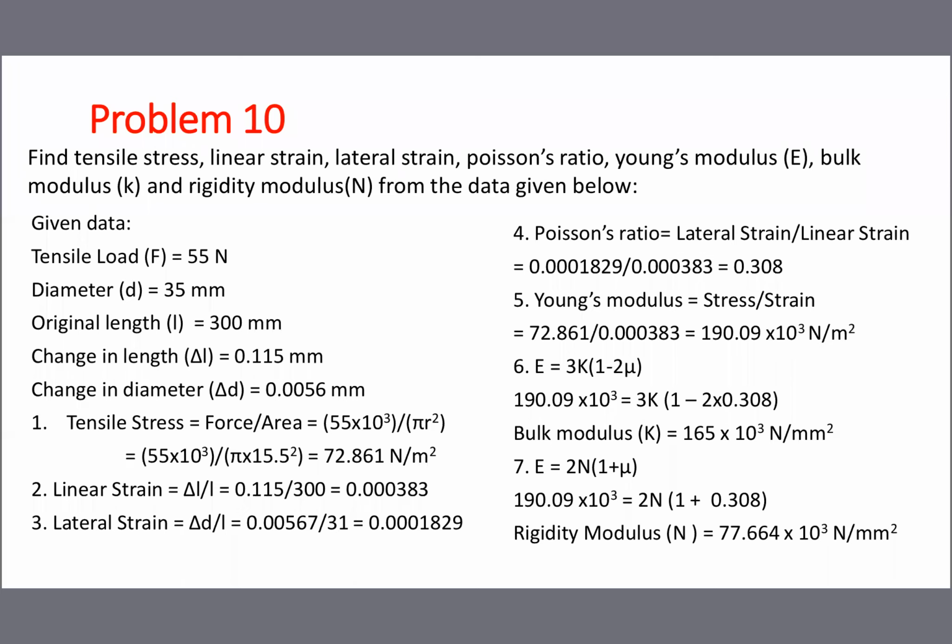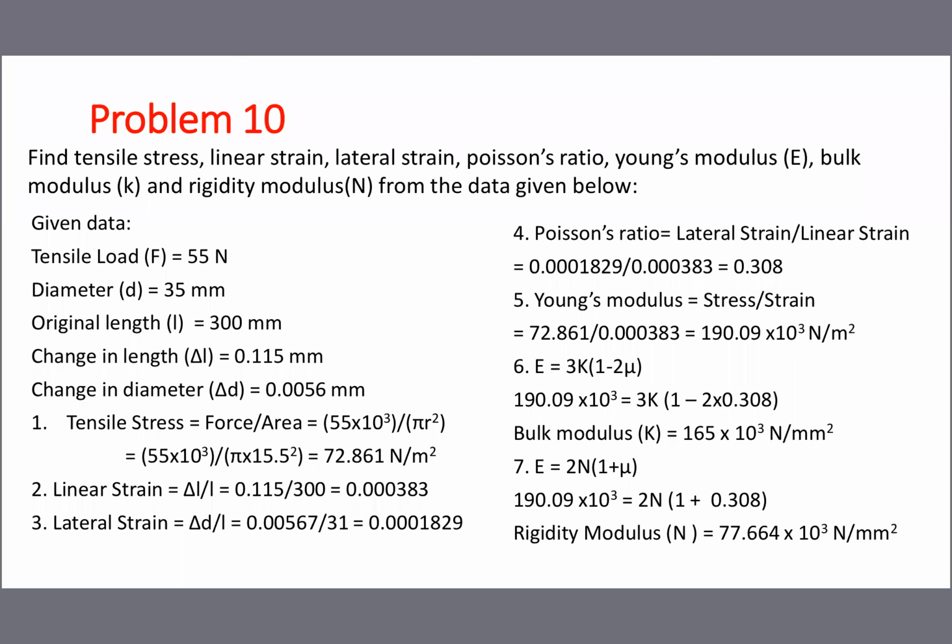Problem number 5, Young's modulus. Formula: stress divided by strain. That we know already. Stress value available, strain value available. Here, for strain always take linear strain, another name longitudinal strain.